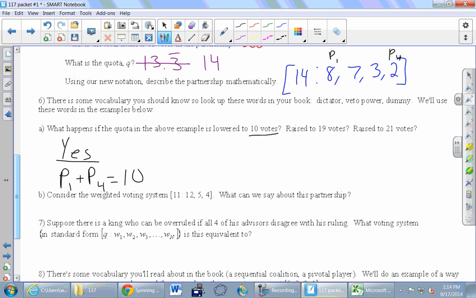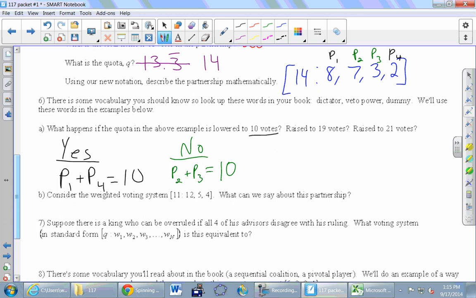And suppose that players 2 and 3 say this is the worst idea ever. We're going to put all our weight behind squashing this motion. Player 2 plus player 3, how many votes do they have total? 10. And if the quota is set to 10, then we've got like anarchy or something, because both the yays and the nays win, and that can't happen, right?